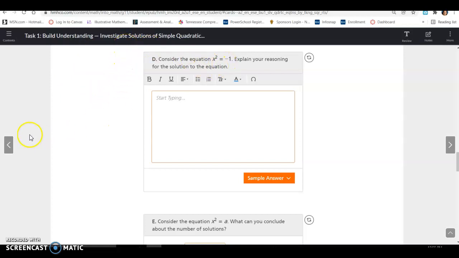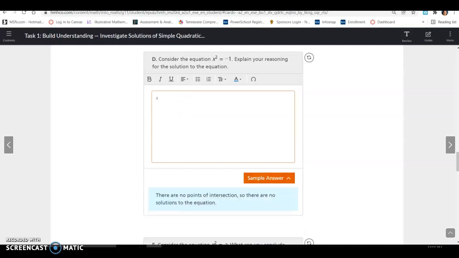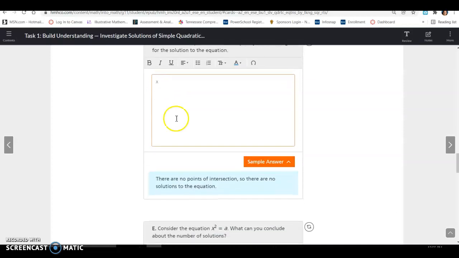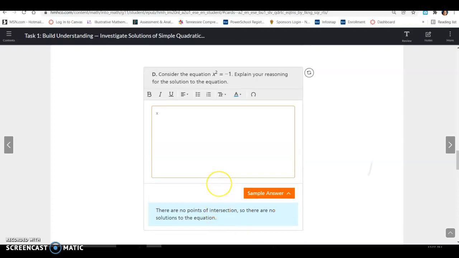If I graph negative 1, it's a horizontal line through negative 1, and this U-shaped graph would not intersect with negative 1, which means there's no point of intersection, there's no solution. Also, if you take the square root of both sides, the square root of negative 1 is imaginary, so there's also not going to be a solution. It says there are no points of intersection, so there are no solutions to the equation.